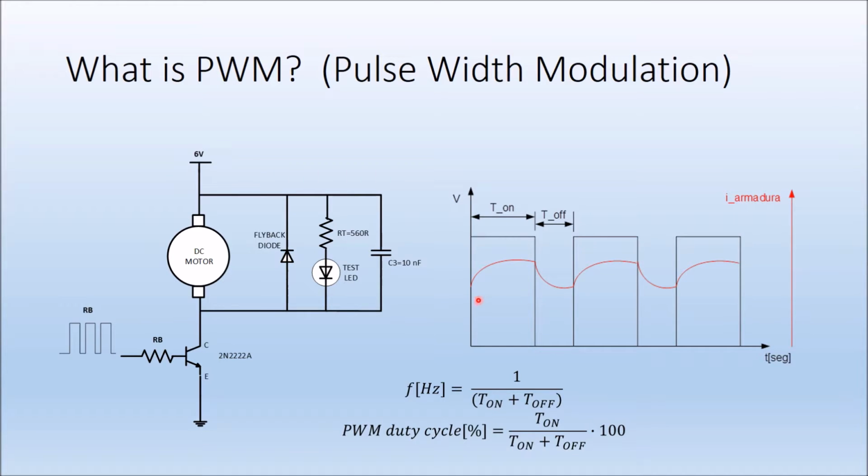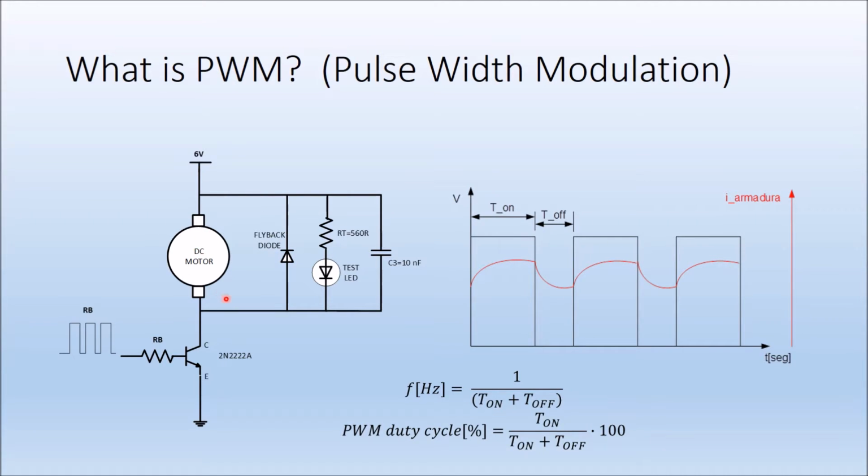Now the current in the motor will reach an average, which is shown in the red line, and it will grow on the on part, and it will decrease on the off part. It will decrease in the off part when this transistor is turned off, because the current that is going through the motor will start returning through the flyback diode and start circulating this way.